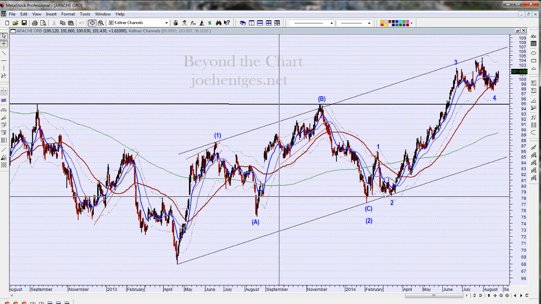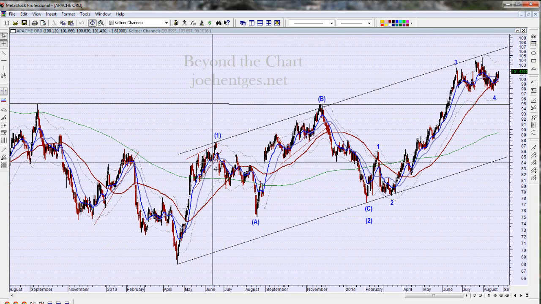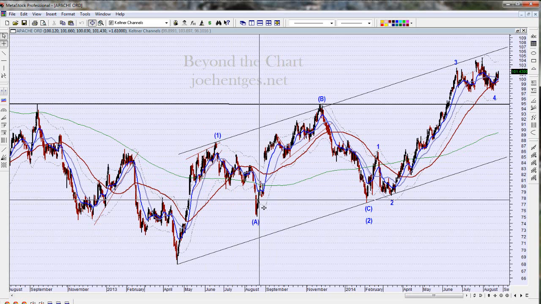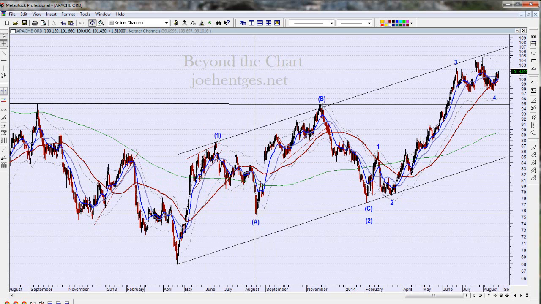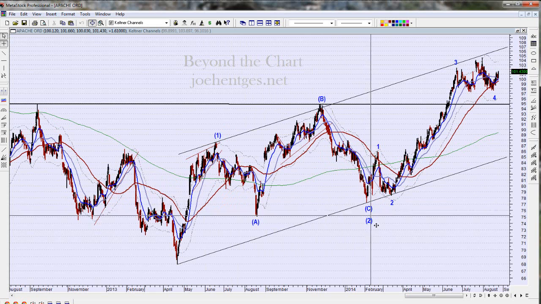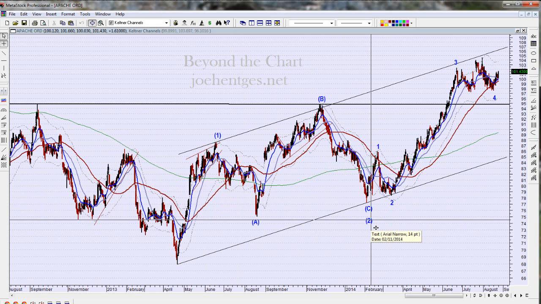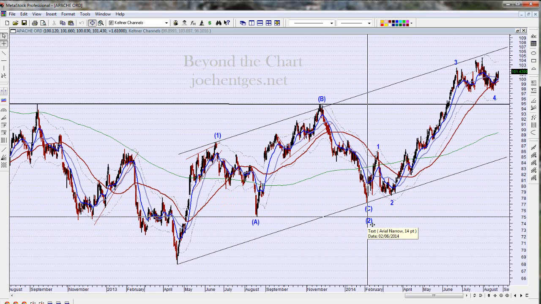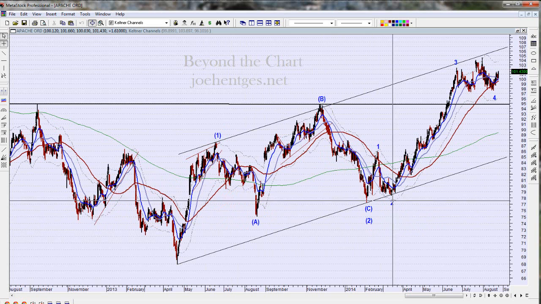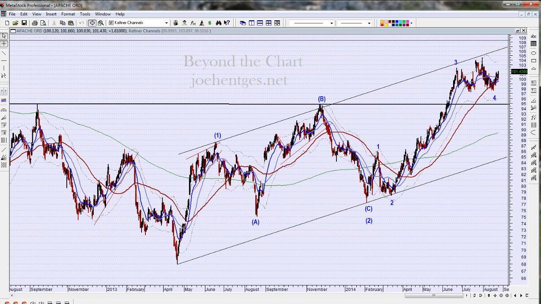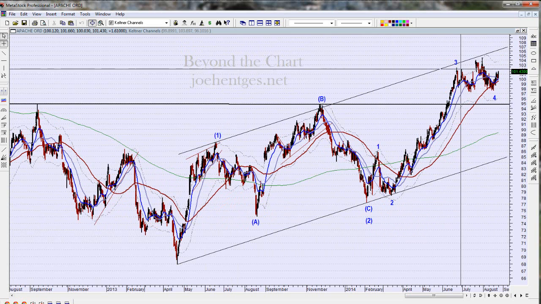I'm just now thinking that this doesn't look right. It looks better as a flat, almost a running flat in here, and that this is the bottom of wave 2. So that's the wave structure I'm working under, which means we're in intermediate wave 3, and we've had 1, 2, 3, and I believe we're working on 4.